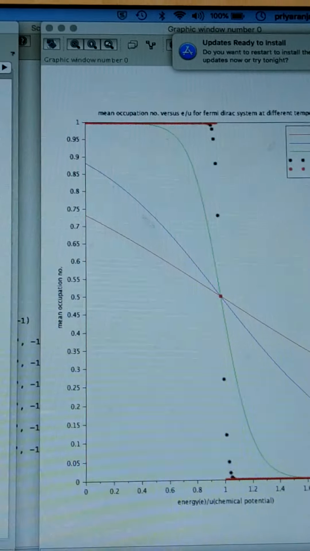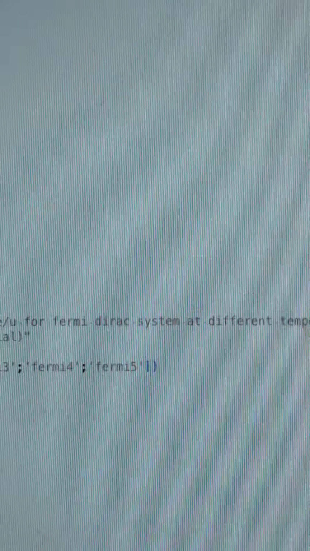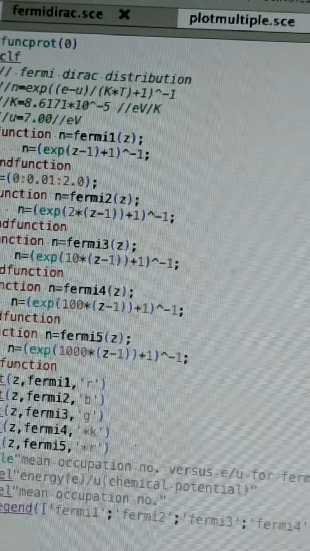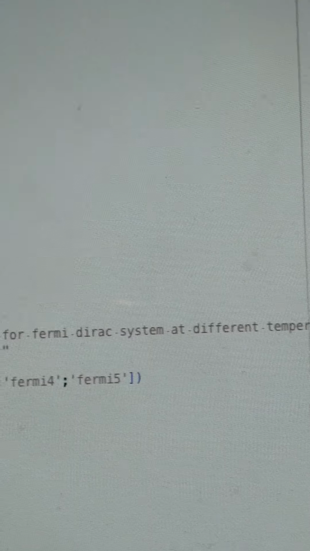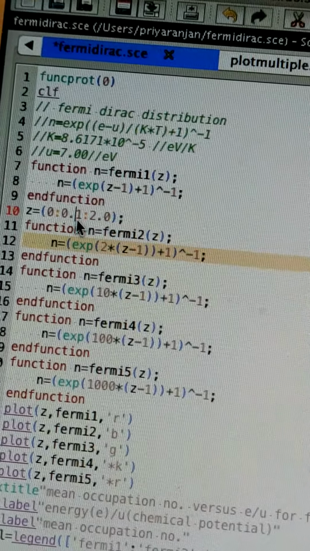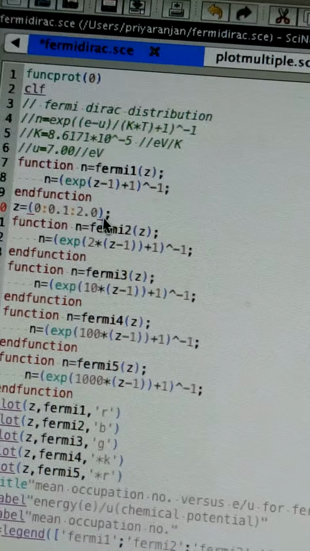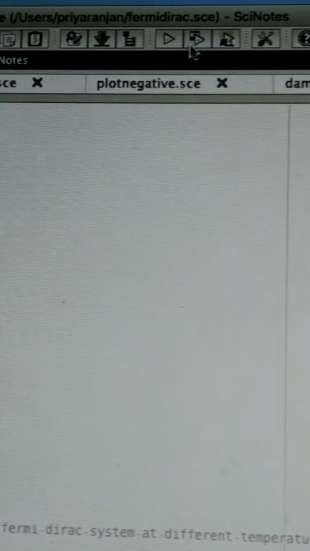So one thing I would like to tell you over here, that if I change the value of z, that means if instead of 0.01 I take some other value, let us say I just take 0.1. Okay, I've changed it, the interval is 0.1 and 2.0, and then of course again I go to save and execute.